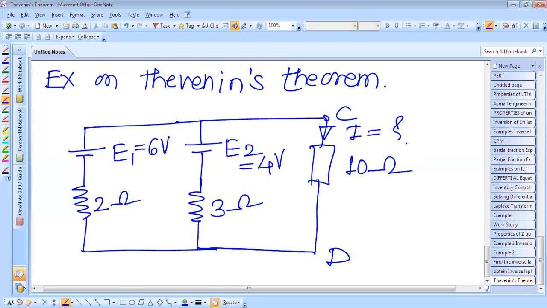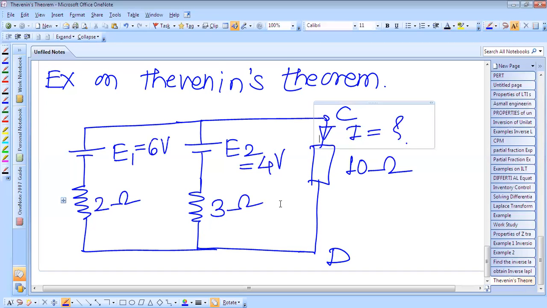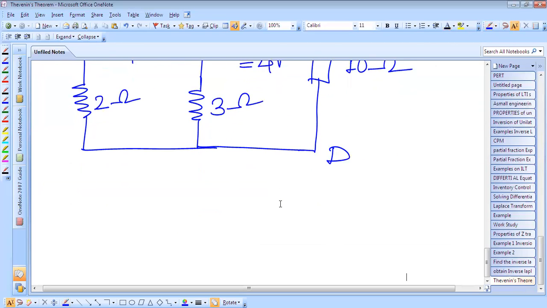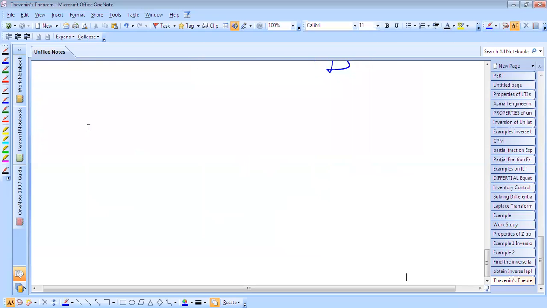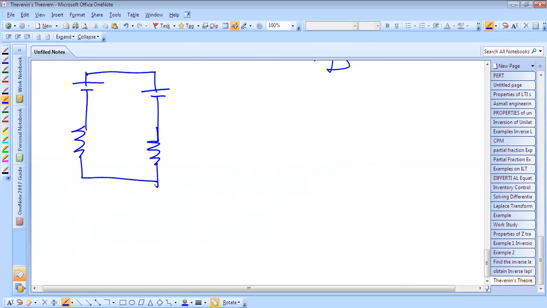When you omit this resistance, the circuit will become like this. There will be only this voltage source, this resistance, this resistance, and now C and D terminal is open.